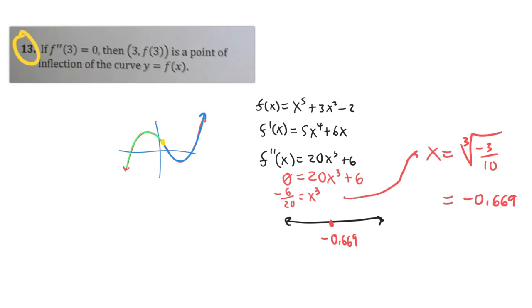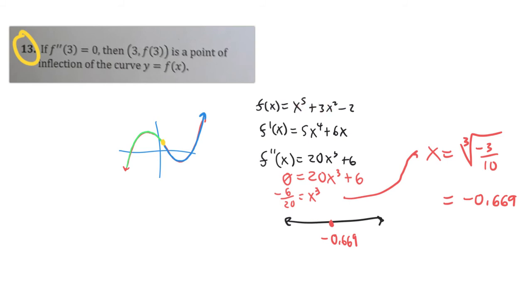And typically what you would do then is investigate this section over here and find out if f double prime is positive or negative. If it's positive, that means the original function is concave up there. If plugging in a test value causes it to be negative, then the original function is concave down.